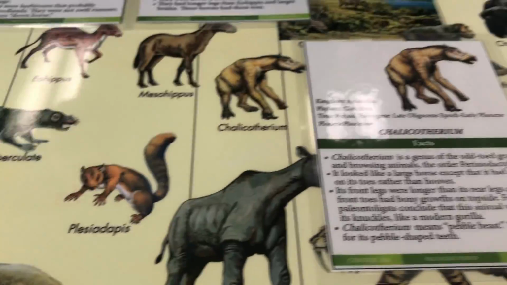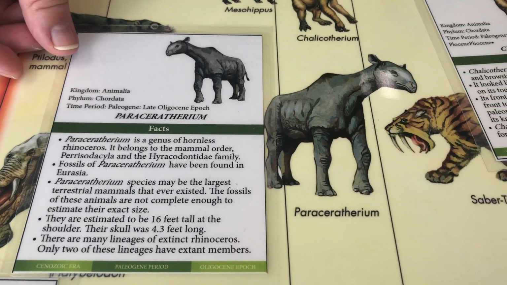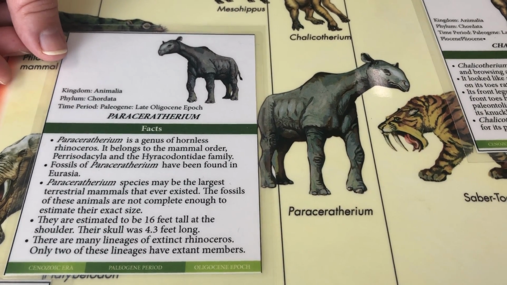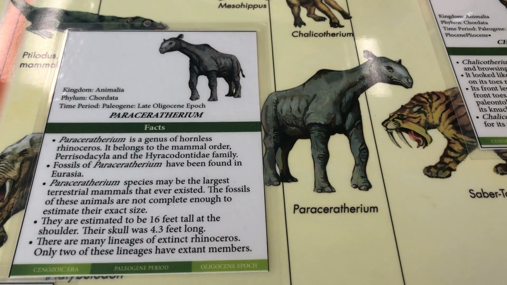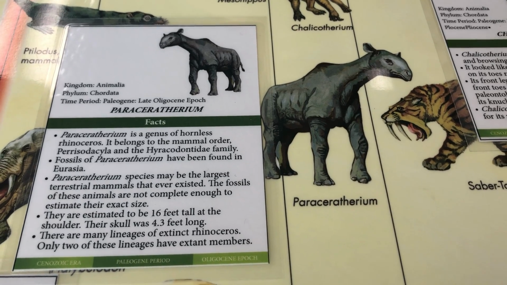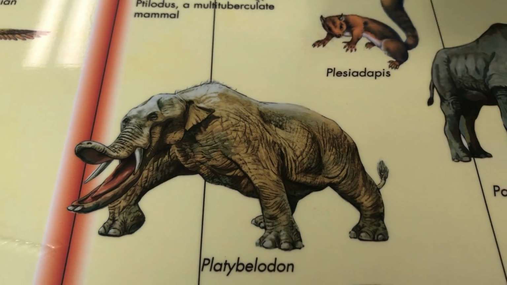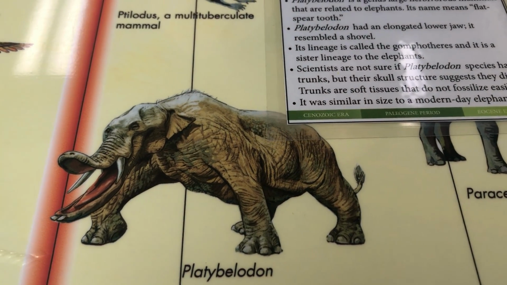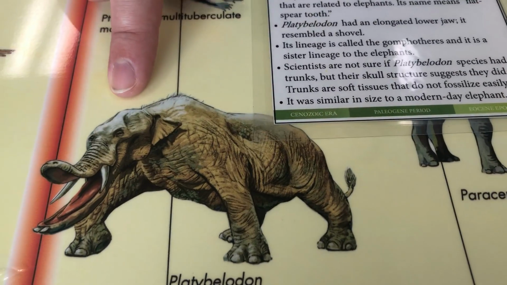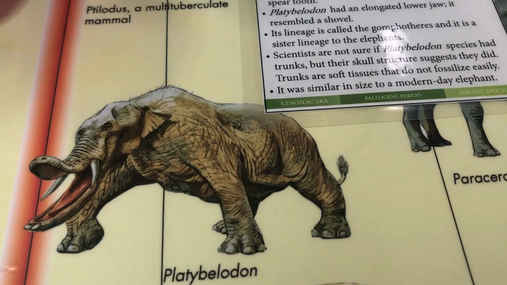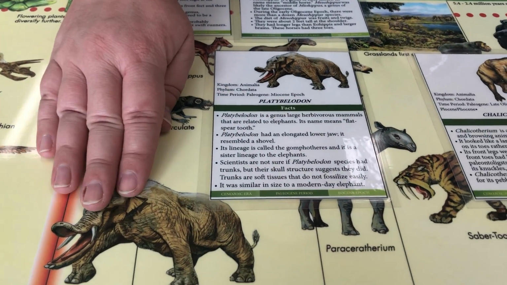This guy here got to be 16 feet tall. That's a darn large herbivore. And then my favorite, guys, is the Platybelodon. Check that guy out. So apparently this creature ate by taking its teeth and just kind of going back and forth with them to cut things down and then eat it that way.